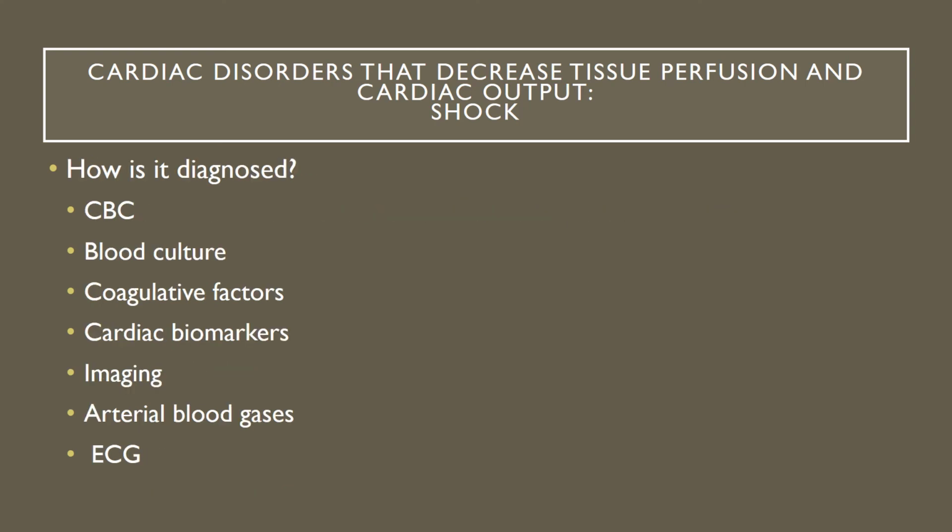How's it diagnosed? CBC, you're going to be looking for things that indicate inflammatory responses in the case of anaphylactic shock, even septic shock, right? So we would probably be looking for white blood cells. In that case, we might want to do a blood culture, right?